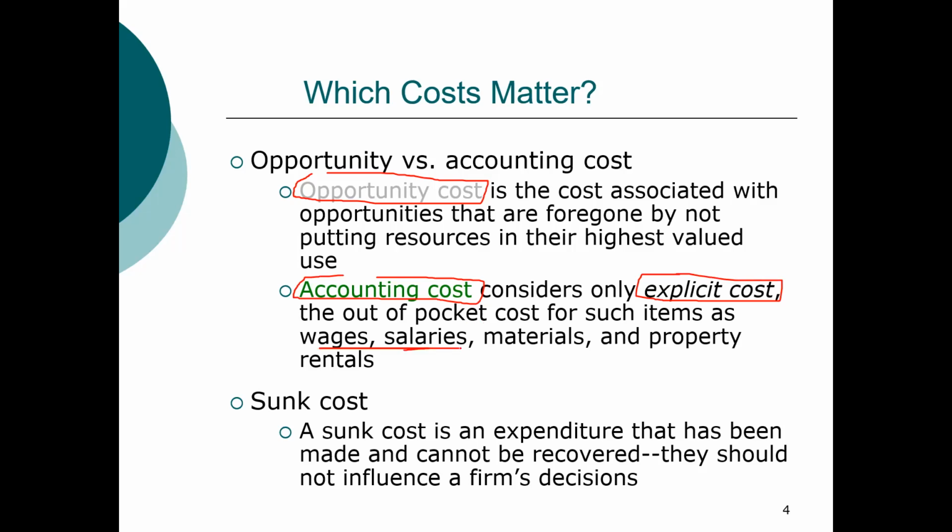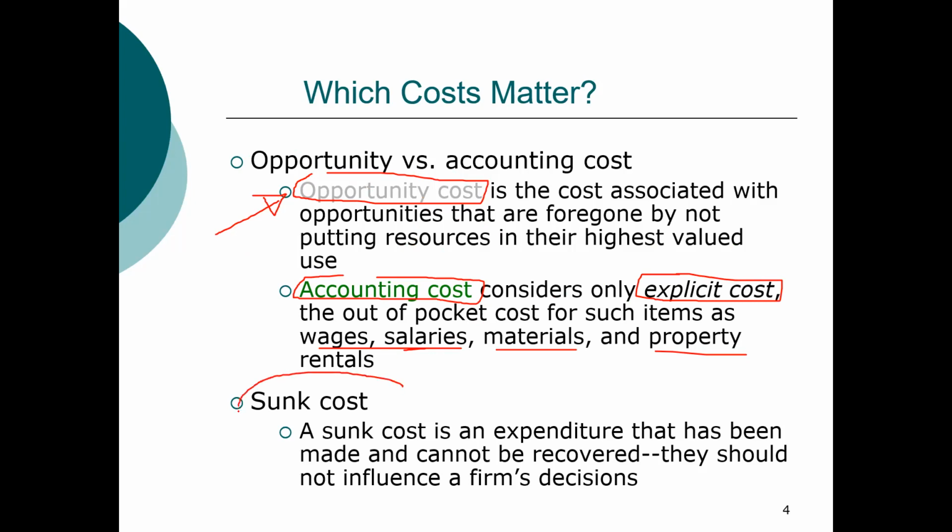For example, how much is paid in salaries, wages, material cost, those things. But the opportunity cost is quite different. We already discussed. So in economics, we look at the opportunity cost. When we calculate the total revenue, the profit is also there in that case. That profit is with opportunity cost included.